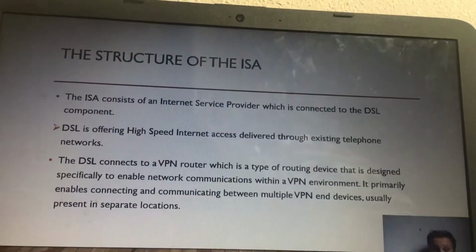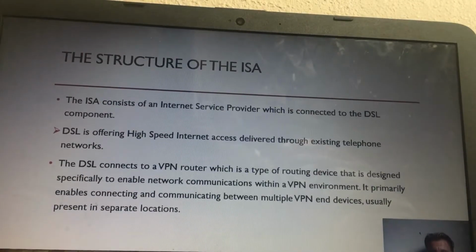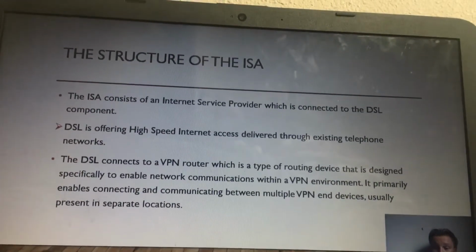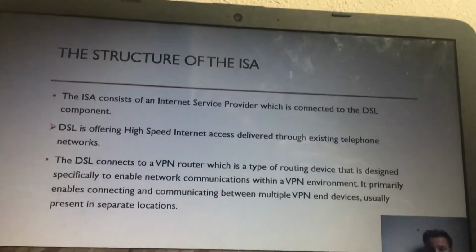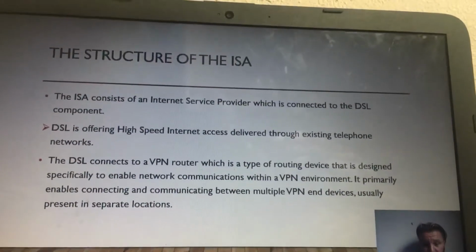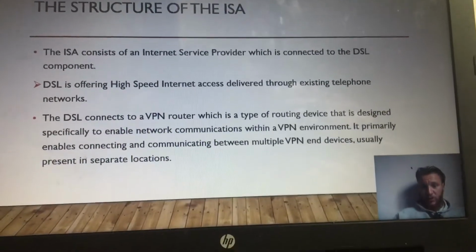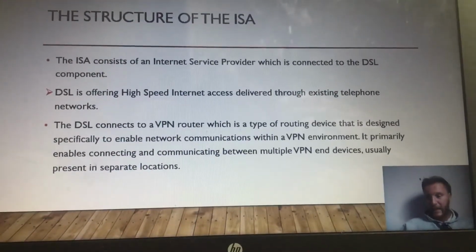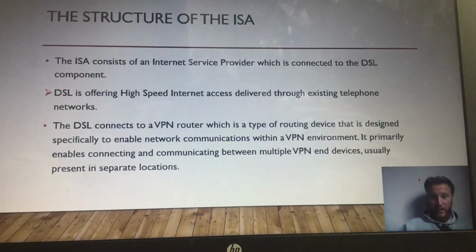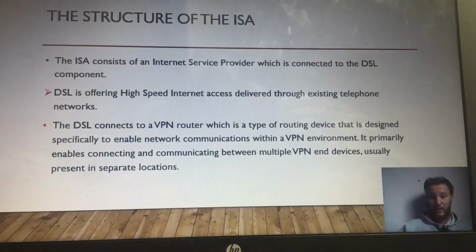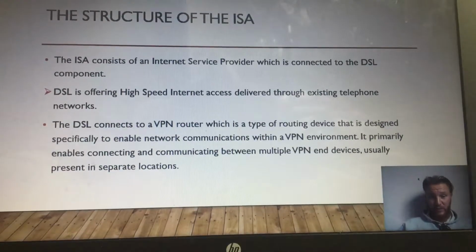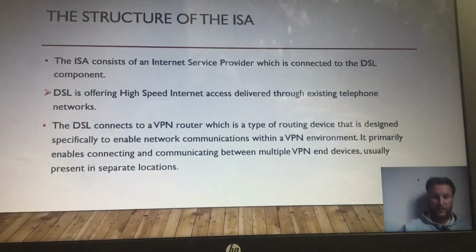The DSL connects to a VPN router, which is a type of routing device designed specifically to enable network communications within a VPN environment. It primarily enables connecting and communicating between multiple VPNs and devices, usually present in separate locations.